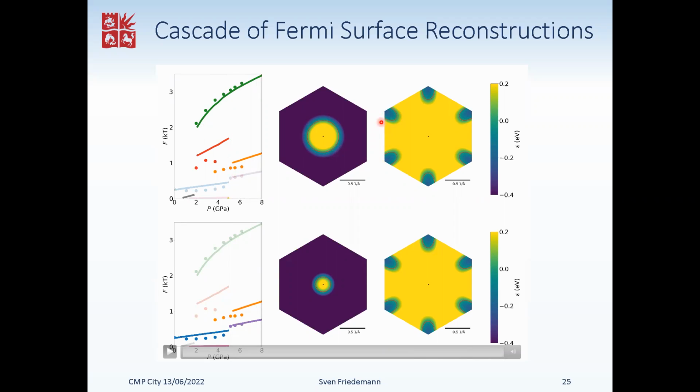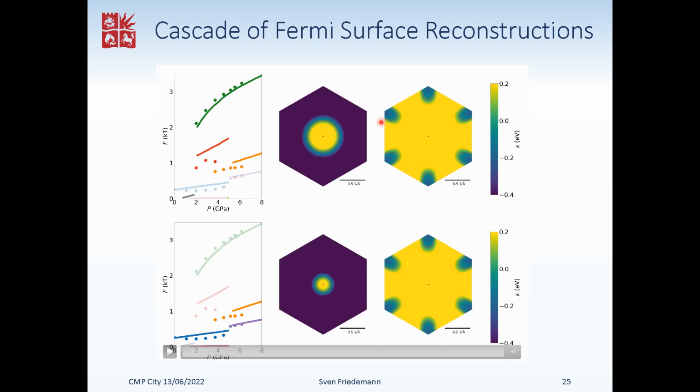Of course. So you mentioned so far we had the indication of incommensurate. Yes, I'll come to that on the next slide. Okay, but here this model is always commensurate, right? That's correct. There is evidence in X-ray scattering that there is some incommensuration happening above 4 GPa, so it does not coincide with that Lifshitz transition.